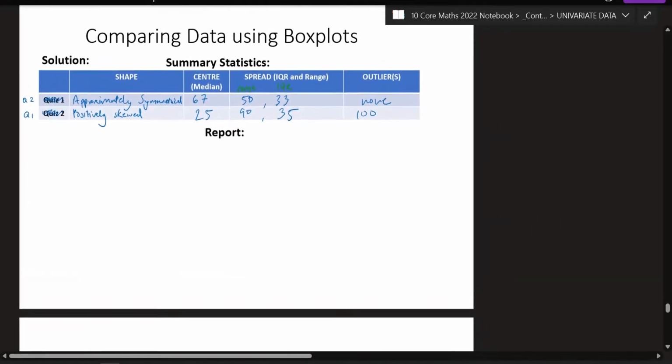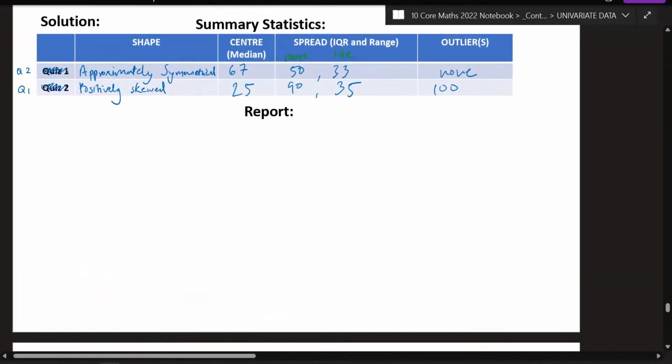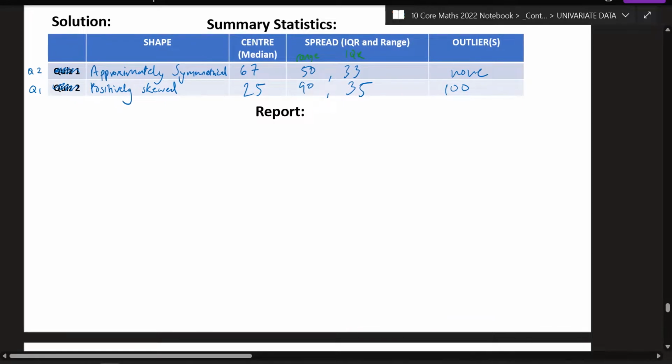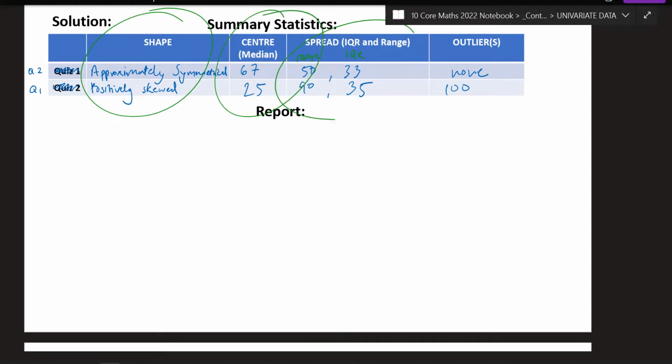Okay, now this is the annoying part. This is where you need to write. So I'm going to bring in some numeracy, literacy here. You need to write your answer this way. What you would talk about is the 4 things that you've got here: shape, center, spread, IQR, and then outliers. So let's start with the shape.